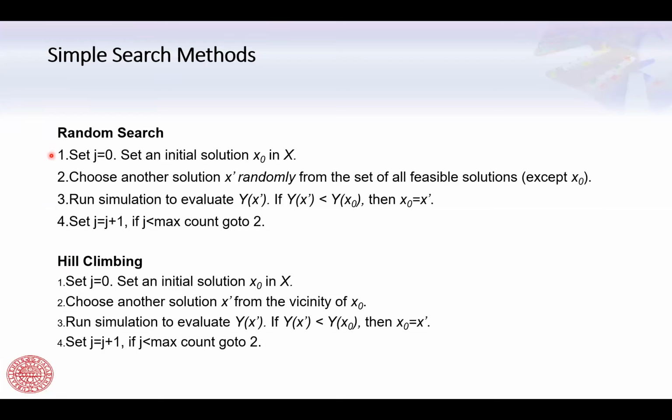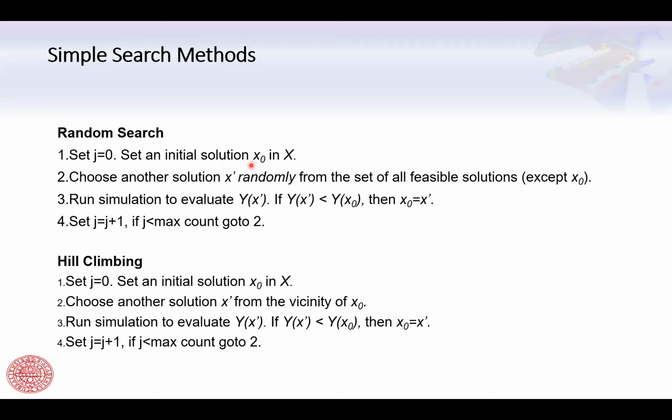So what is random search? You start with the first iteration, finding an initial solution. Something interesting to note in optimization is that where you start your solution search is crucially important. That's why in a lot of problems, they suggest the user define the initial solution, if it is possible for a user to define where it should start.